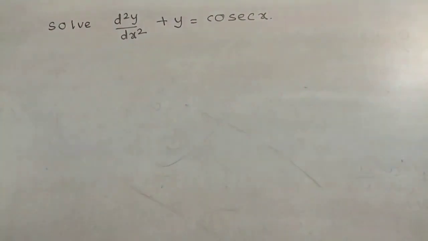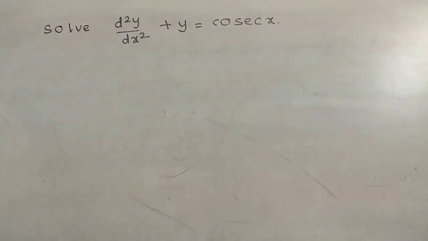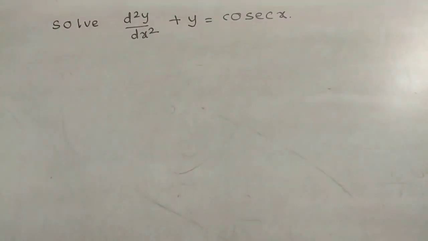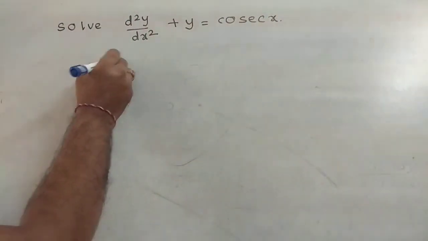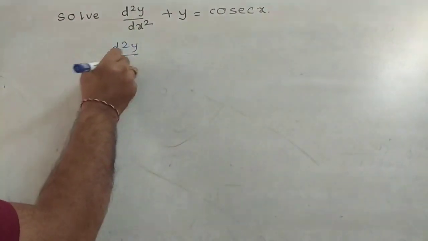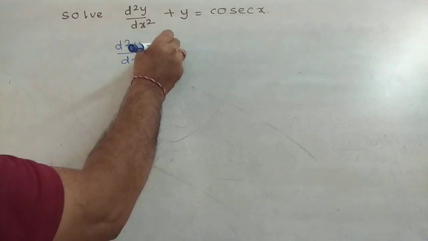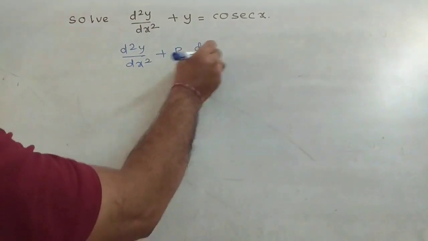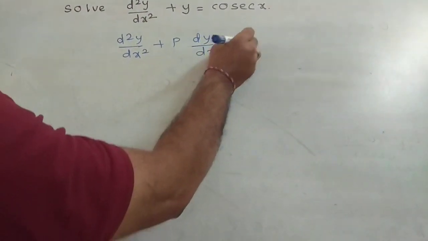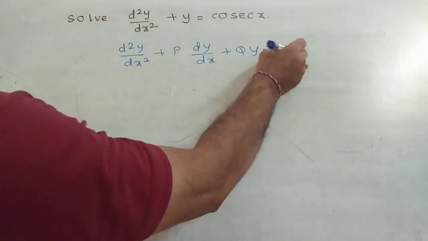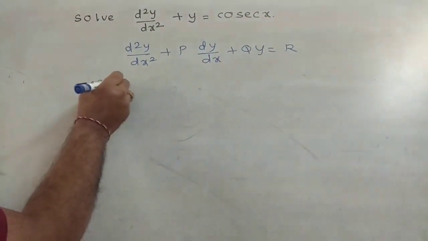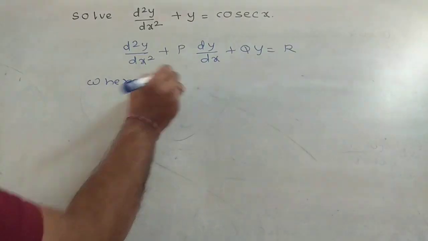Before applying that, it should be compared with the standard form of variation of parameters. What is the standard form? d square y by dx square plus p into dy by dx plus qy equal to r. So write down the values of p, q and r. What is p?